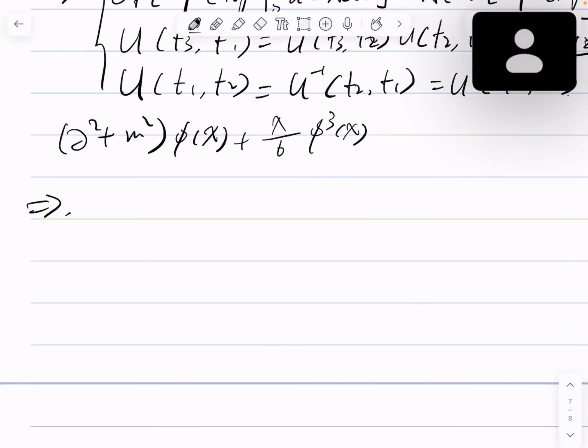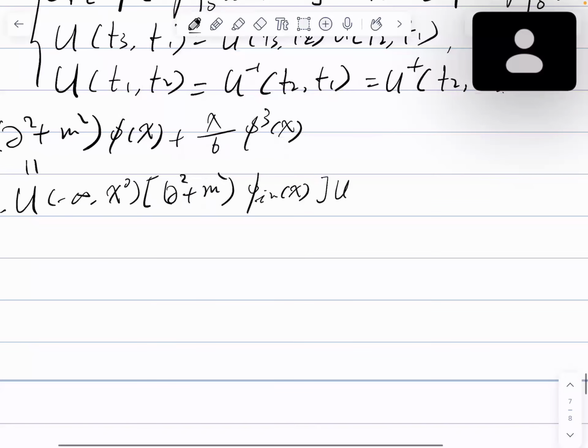We can just obtain u minus infinity x0, partial square m square phi in x, u x0 minus infinity. Okay.